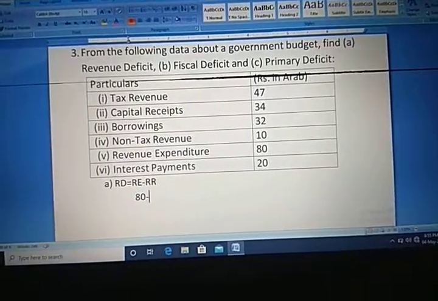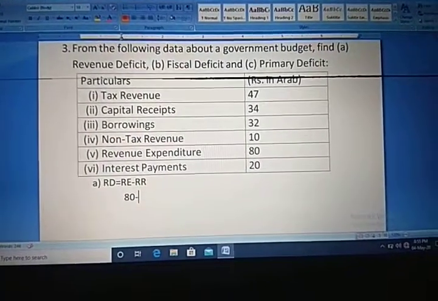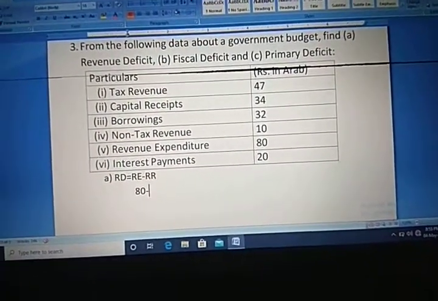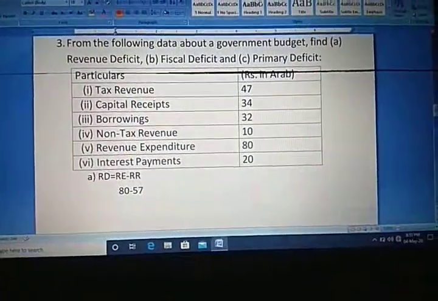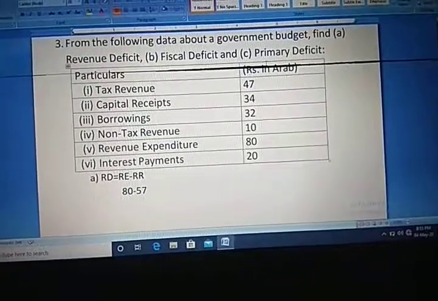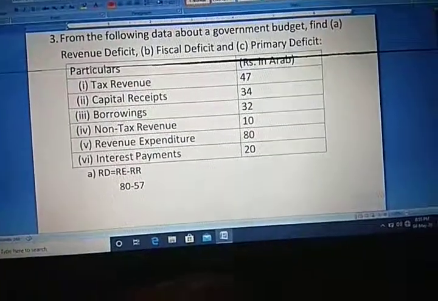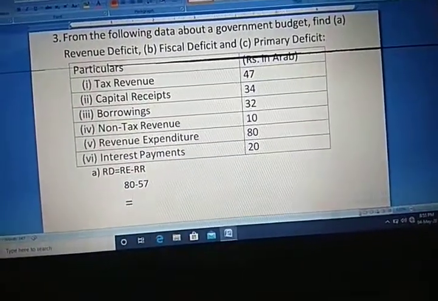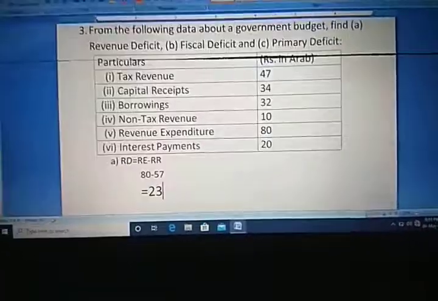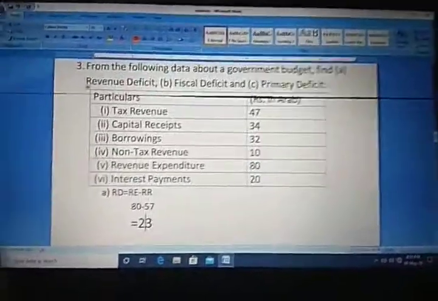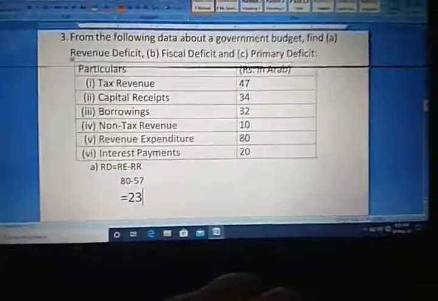Here tax revenue is 47 and non-tax revenue is 10, so it comes to a total of 57. So 80 minus 57 is equal to 23 Arab. This is your answer, and this is how we calculate the revenue deficit, students.